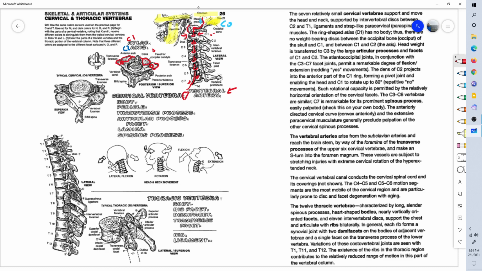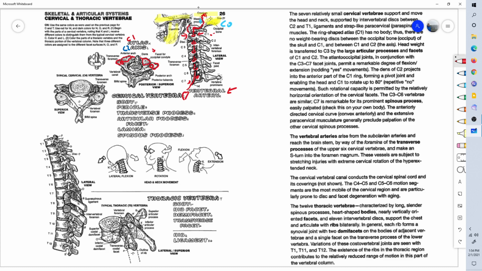People have been known to, at the hairdresser, lean their head back and turn it, or turn their head to look over their shoulder in the car and pinch that artery a little bit, and it can cause problems with blood flow to the brain.